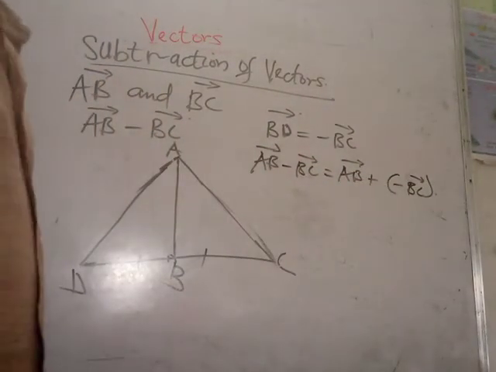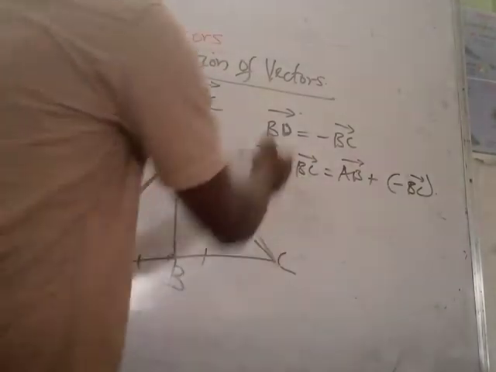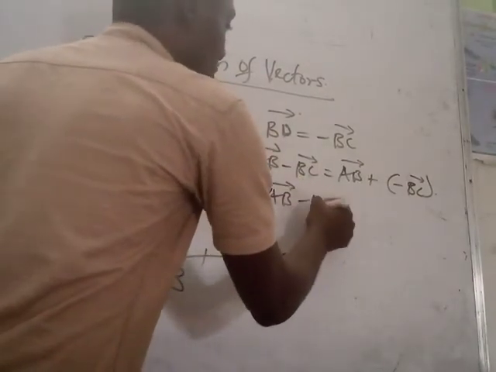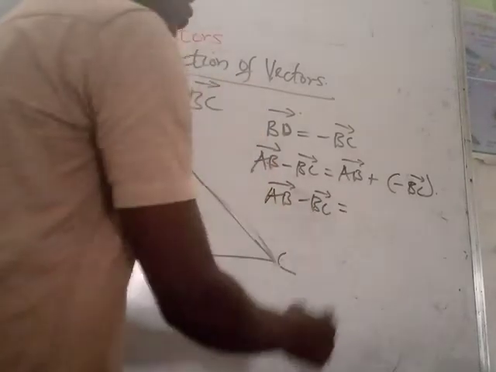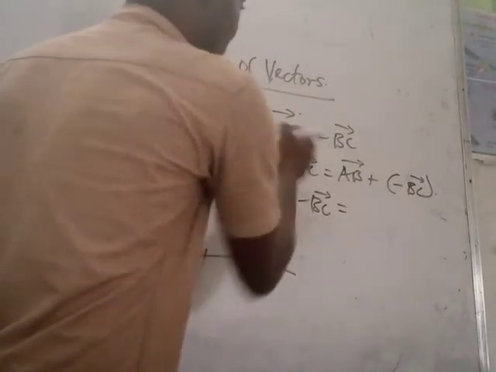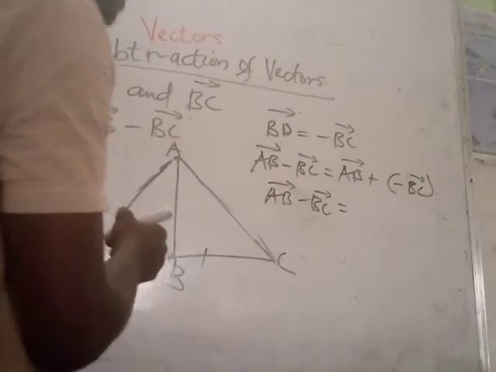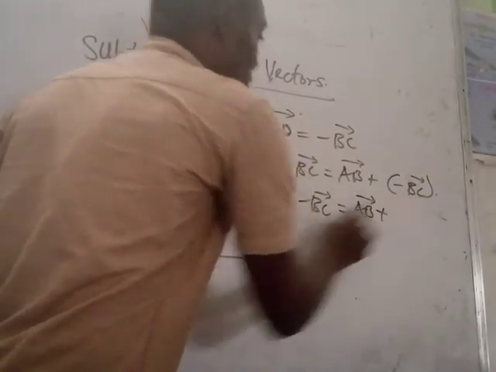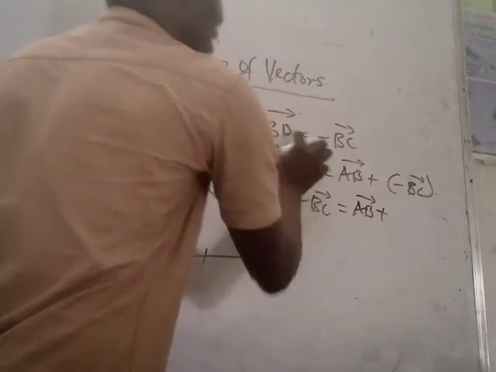Now the negative vector BC is actually BD. So therefore AB minus BC is equal to BD. AB minus BC is equal to AB plus minus BC, equals what?